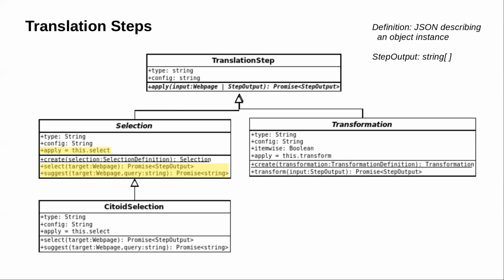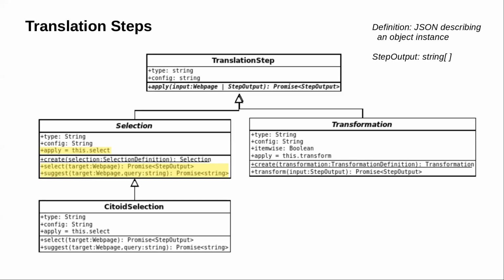And the reason is that we are passing these methods a web page object that we have just seen. And as you have seen, that web page object has some cache objects inside. We may not always need, for example, the HTTP cache for a web page, or we may not always need the Citoid cache for a web page. So we will only request the HTML of a web page if there is a selection step that needs the HTML.